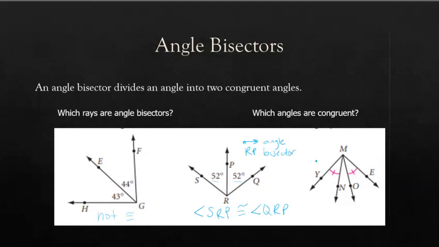And in our last picture, do you see angles that are congruent? I do too. YMN has one marking and OME has another marking that's the same. So those angles are congruent. Where is the angle bisector? Well, there's not just one ray that bisects it, so I can't find the angle bisector in this picture, even though we have congruent angles.